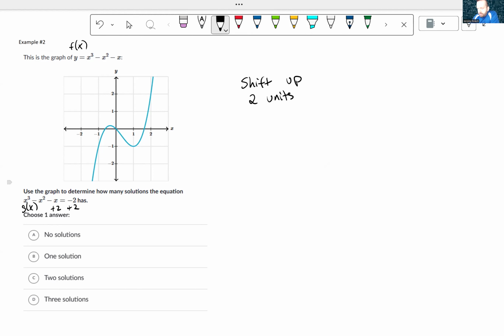If we have this point, if we shift that up 2 units, it's going to go to there. If we have this point, it's going to go up to here. This point is going to go up to here.